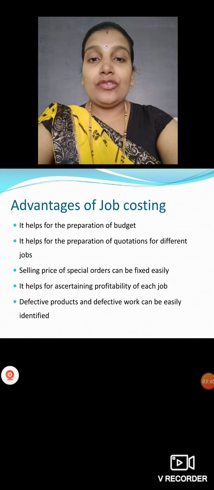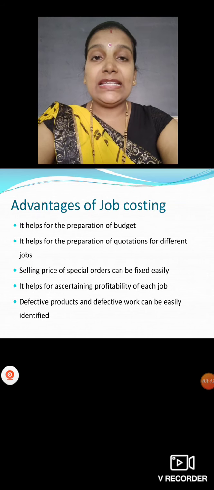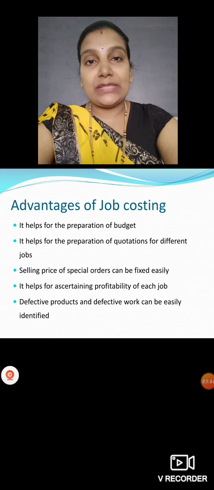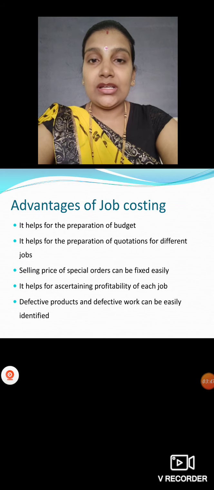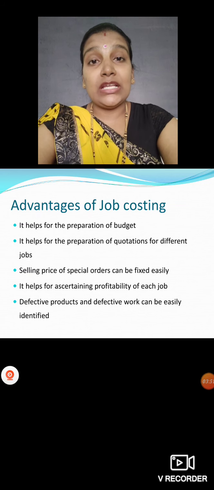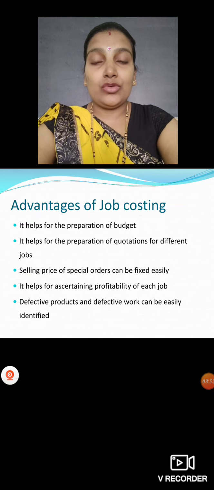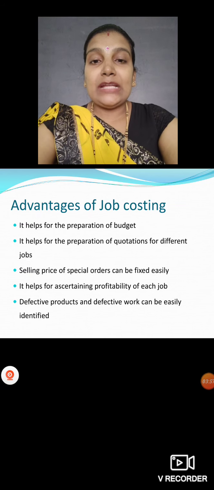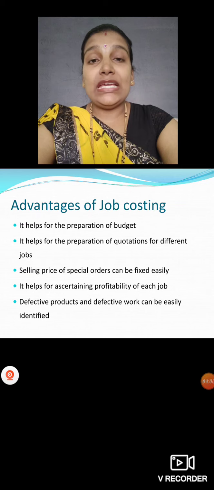Then the selling price of special orders can be fixed easily, because according to customer specification you are going to produce the products here. You can fix the selling price according to their specification, so you can fix any profit margin for your products here. Then it helps in ascertaining the profitability of each job.